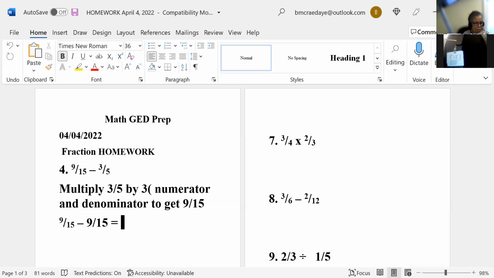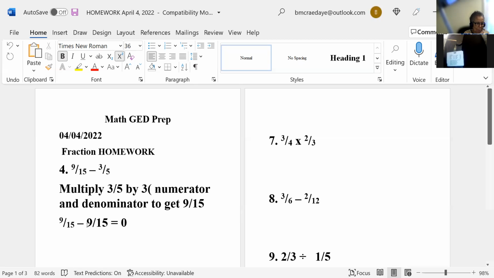Multiply. No, this is subtraction. Oh, subtraction, sorry. 9 over 15 minus 9 over 15 would be what? 0. That's it, 0. That's your answer. Very good, Mercedes. See, I knew you could do these. That's why I was surprised that I didn't hear from you.